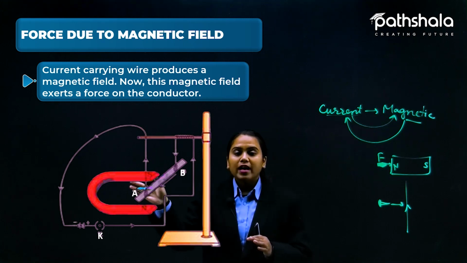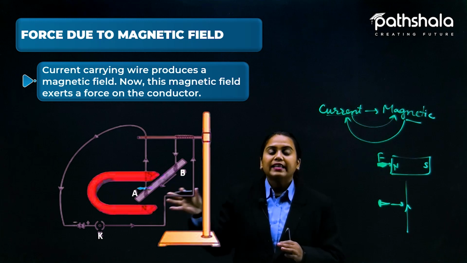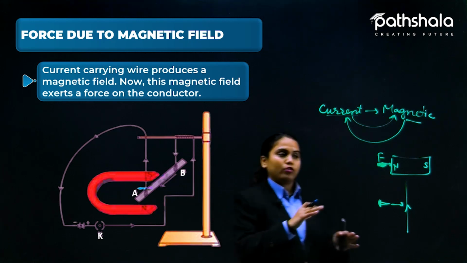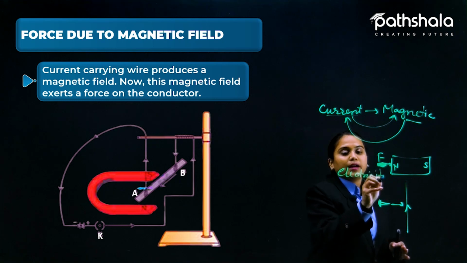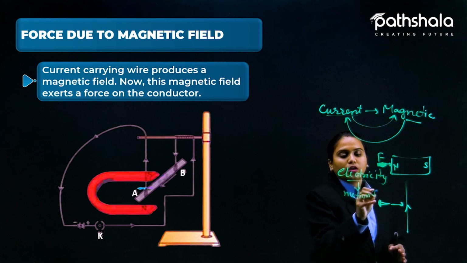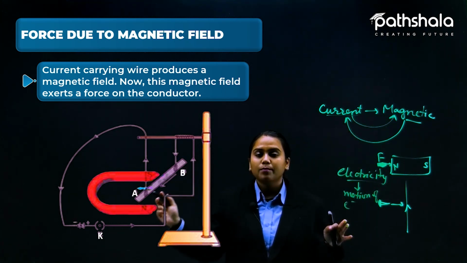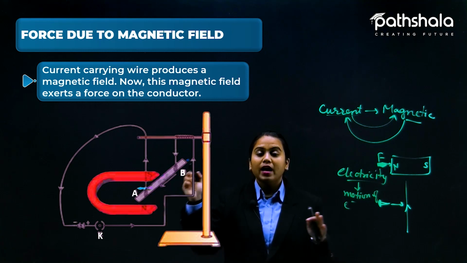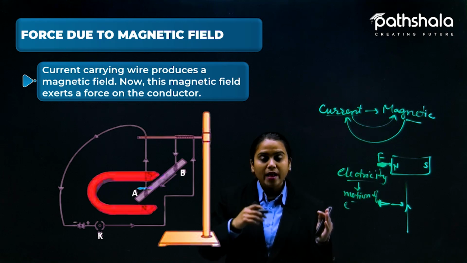As you can see, AB is getting electricity, and that is a motion of electrons. What is electricity? Electricity is nothing but a motion of electrons. So it is clear now that electrons are moving in this rod right now, and these electrons are feeling force. Why?